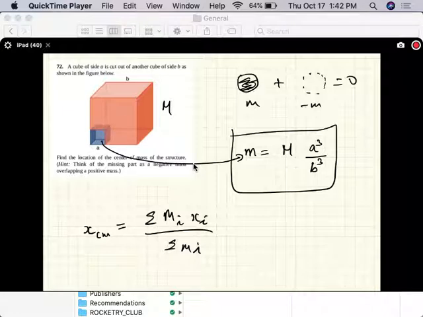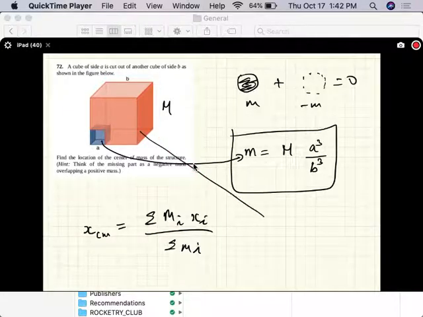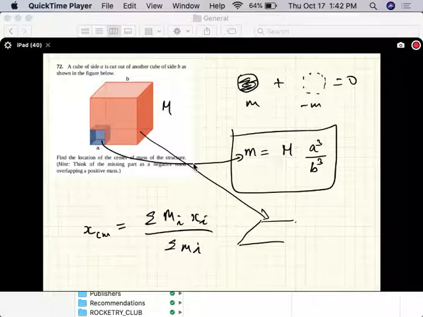Now we're going to think of this object as a whole uncut cube. You guys with me? So the mass of this one is M.